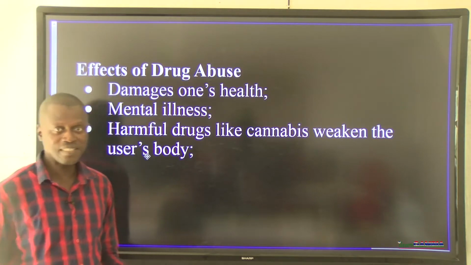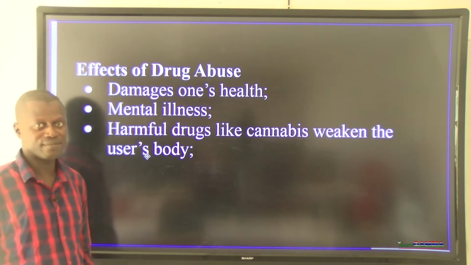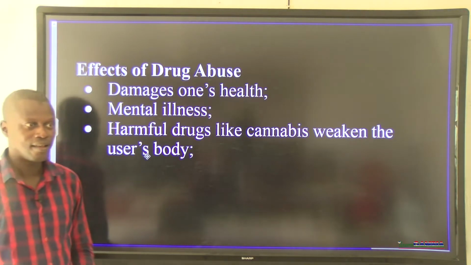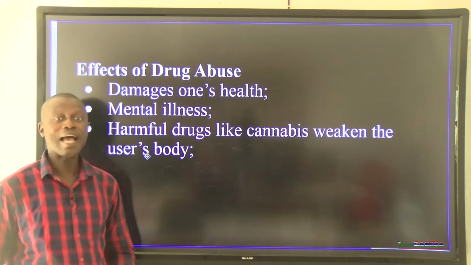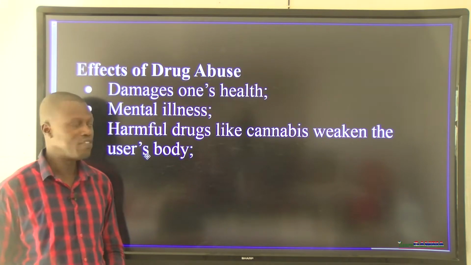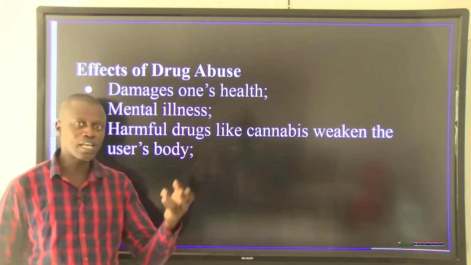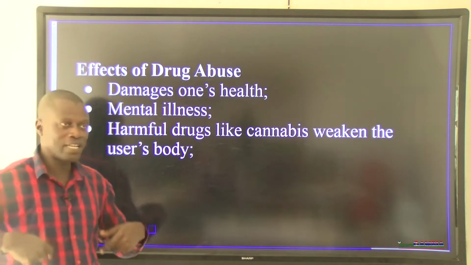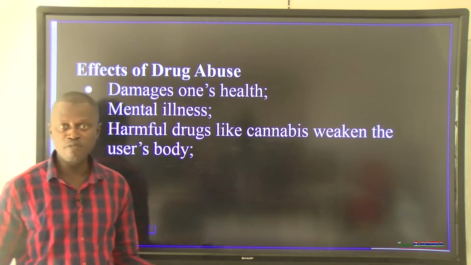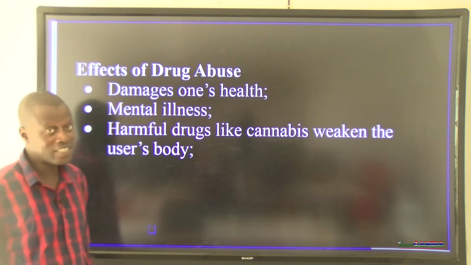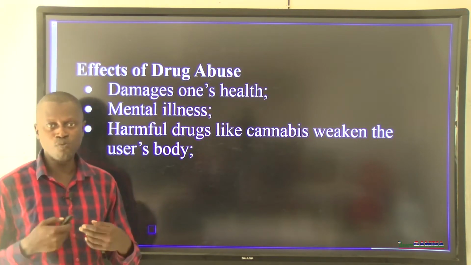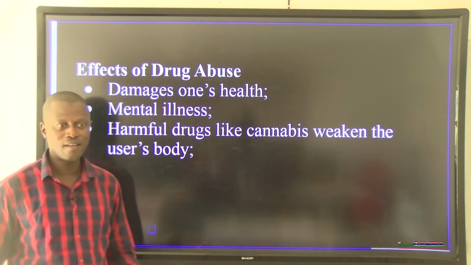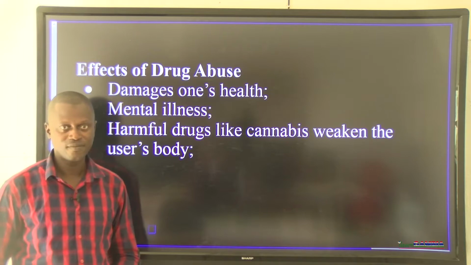You can see the differences. The signs are shown on the body. Not to talk of when the user did an X-ray. For example, if the user did an X-ray, and the non-user also did an X-ray of the lungs, which is part of the respiratory system, obviously, you will see some differences. The lungs of a non-smoker and the lungs of an addicted smoker obviously differ. They aren't the same.